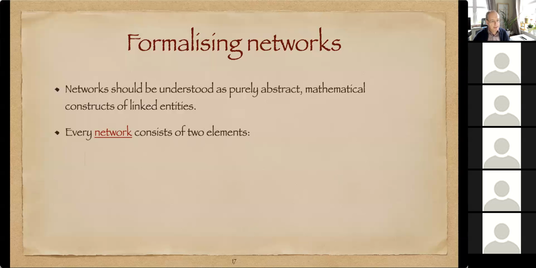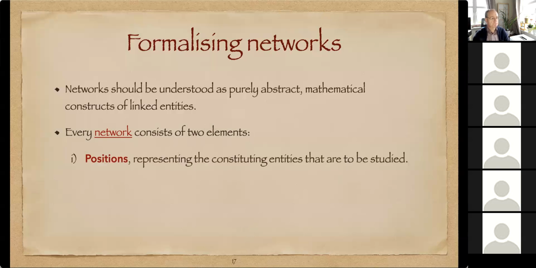All right, so like I said, every network consists of two elements, something I call positions. Those are the entities that are connected. We saw them in these examples. Those can be persons, those can be websites, those could be traders, sellers and buyers.